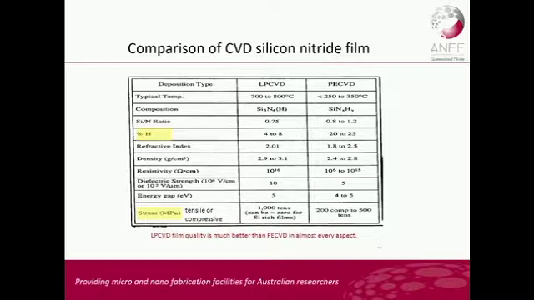In an LPCVD system, you have a very low hydrogen percentage, but with PECVD, you have a much higher concentration. Another parameter is the stress, whether you need tensile or compressive stress. For PECVD, you can usually tune the process by changing the gas flow or other process parameters.